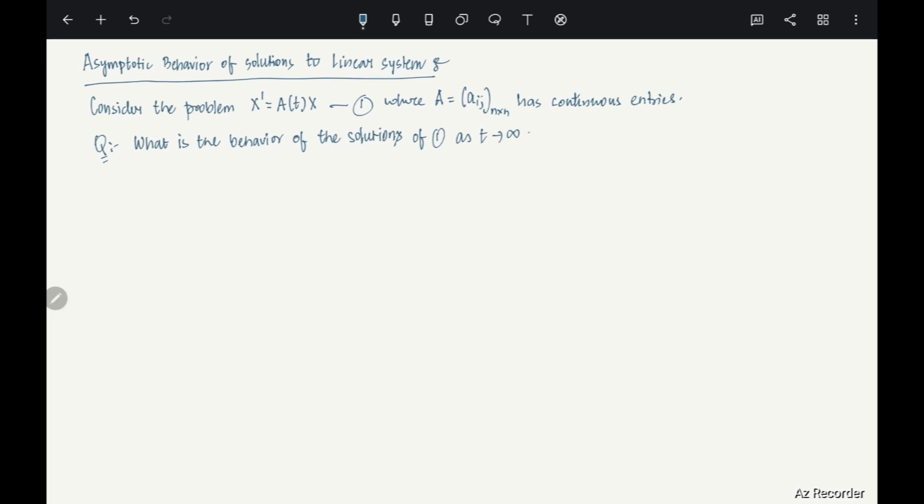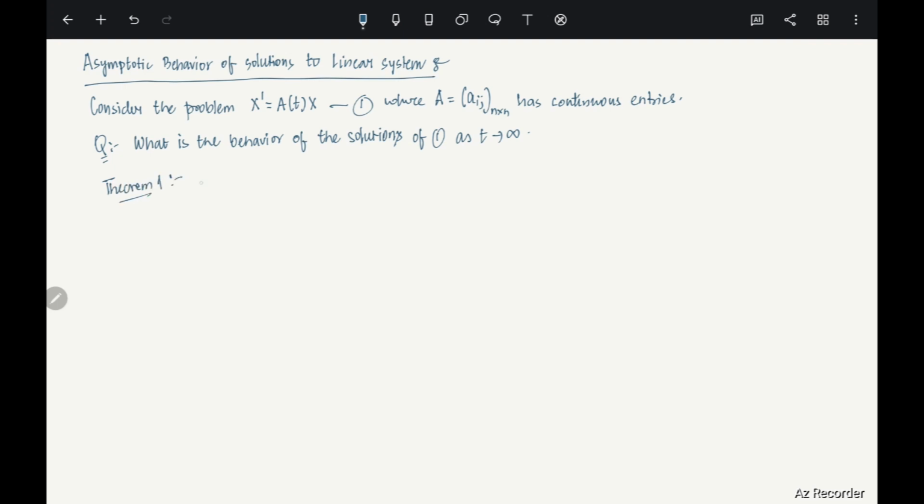Now here what we will do is this: if we want to study this sort of thing, we need to involve the eigenvalues of some particular matrix. So what we are going to do is this. See, first of all, let's look at this theorem. We will start with this theorem. Theorem 1.